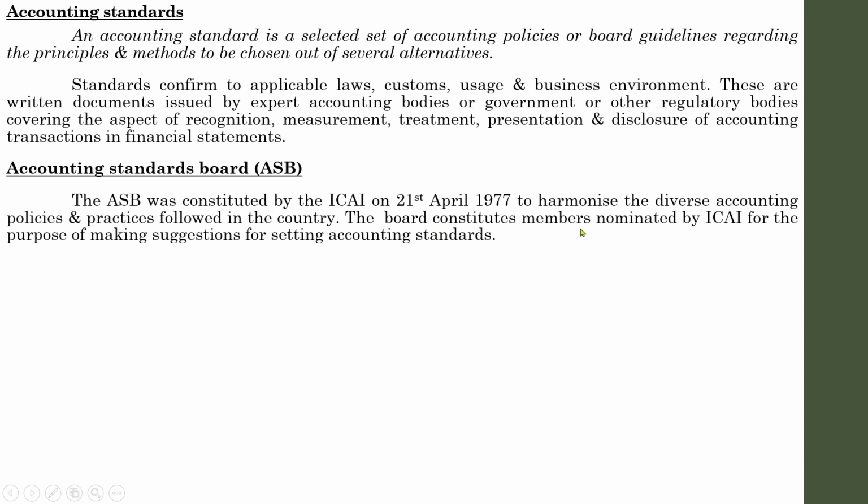The board comprises members nominated by ICAI for the purpose of making suggestions for setting accounting standards. The ASB has to formulate accounting standards so that such standards may be mandated by the Council of ICAI.